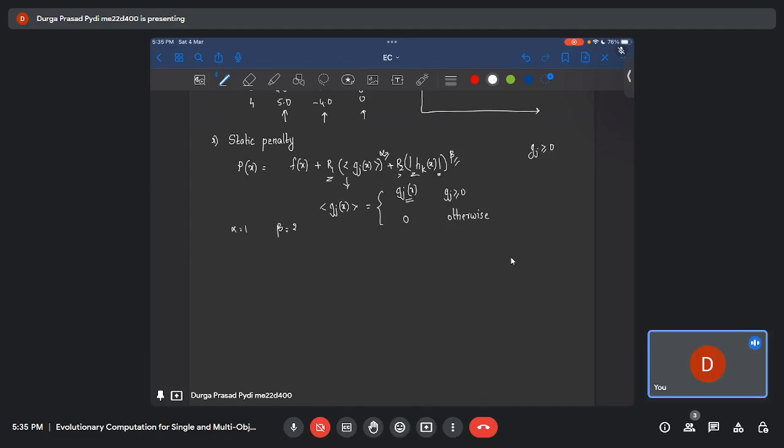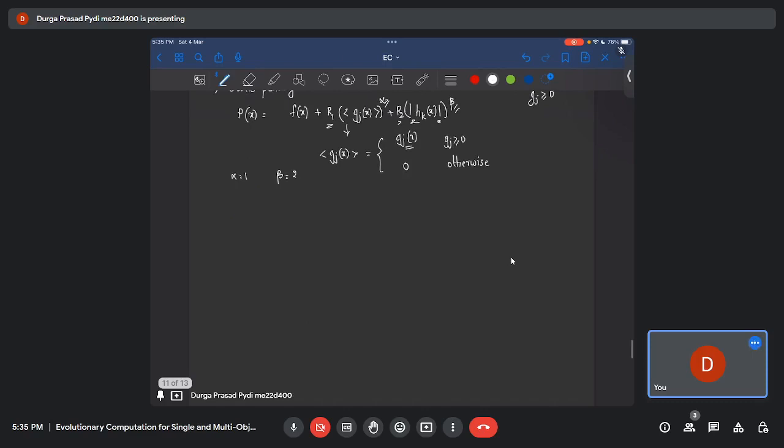Usually what happens is that initially generated solutions will more or less be infeasible, and as you apply this penalty over the generations, they will gradually become feasible. To give you a perspective, say initial solutions are something like this, and you have some feasible solutions.